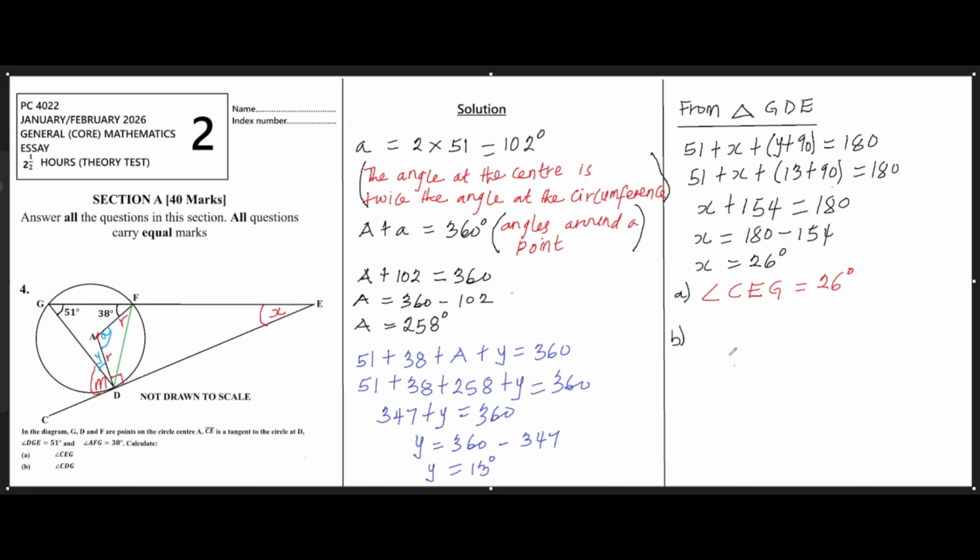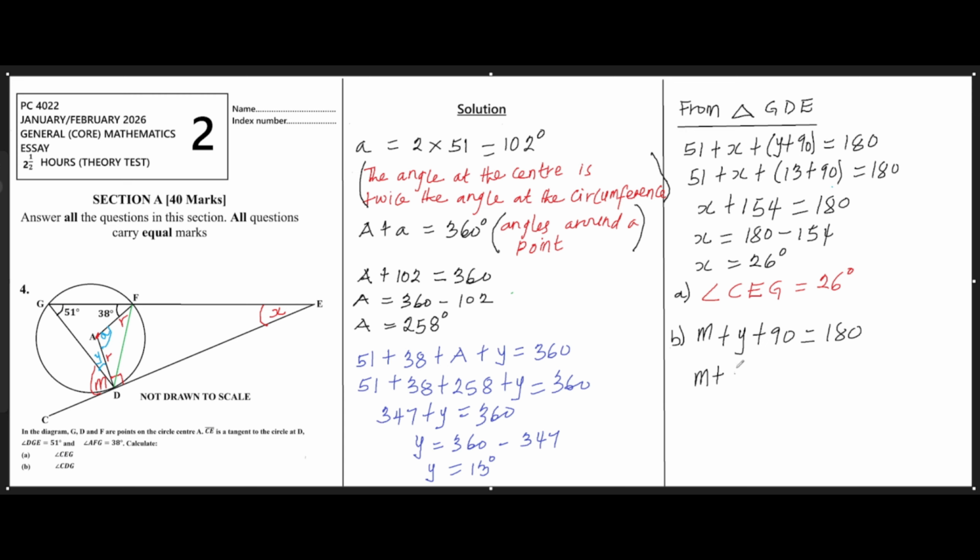So angle M plus angle y plus 90 degrees must be equal to 180 degrees. But what is M? That is what we are looking for.